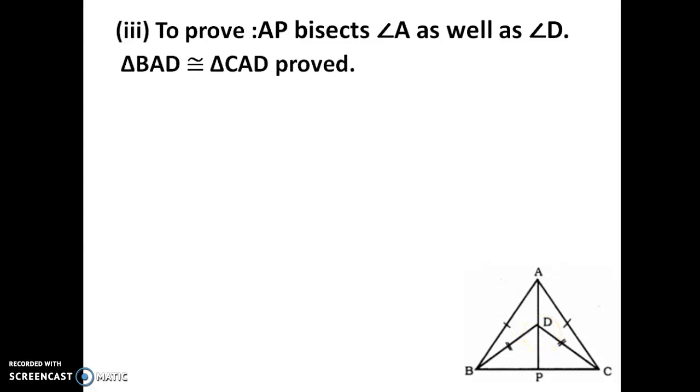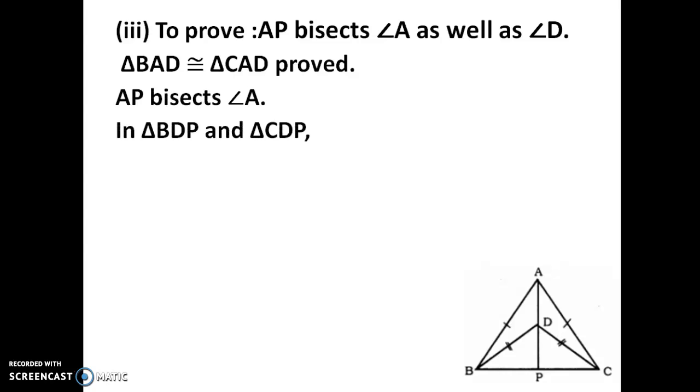So we take triangle BAD congruent to CAD. That is already proved actually. Triangles BAD and CAD, in the first subdivision we proved they are congruent. So AP bisects angle A.